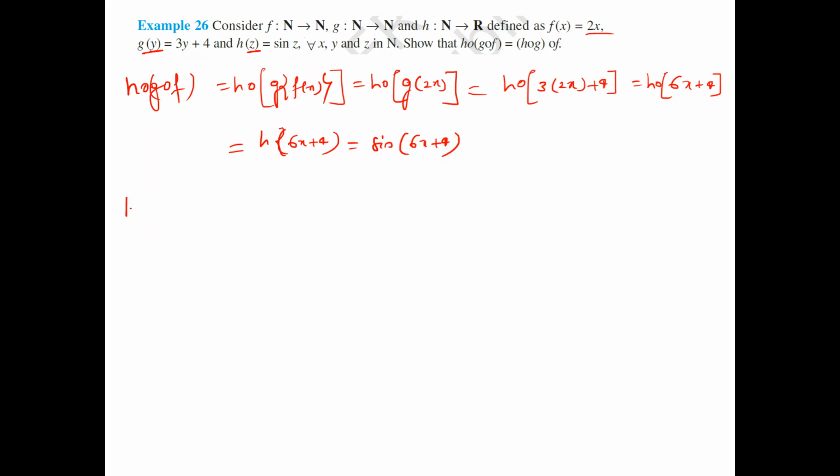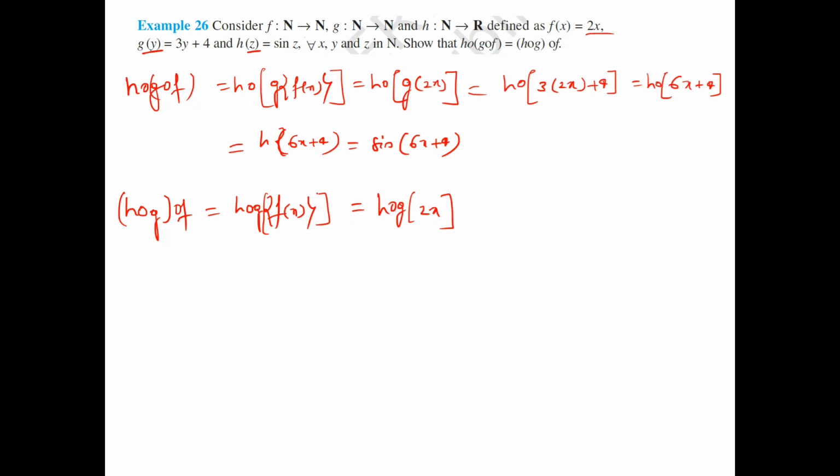Next, h composition g of f. Now this can be done as h of g of f of x. What is the f of x value? f of x value is nothing but 2x.